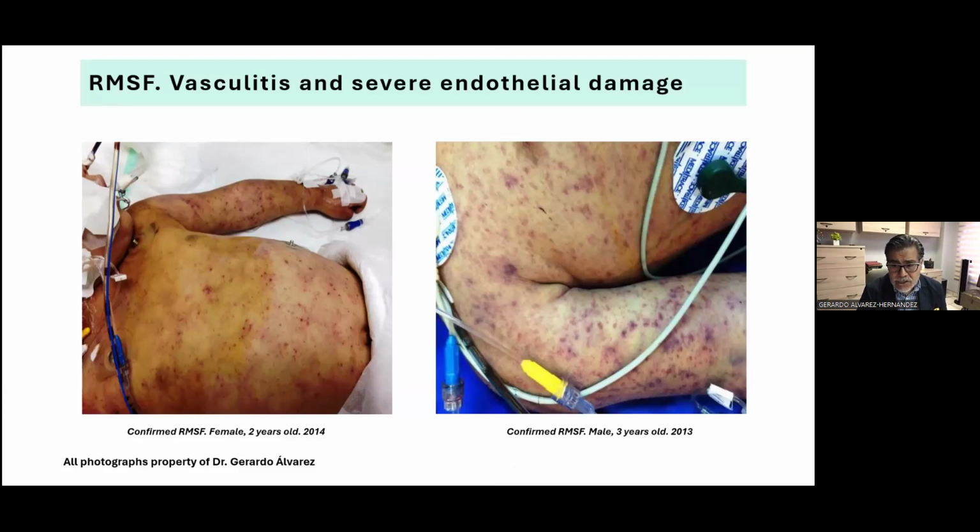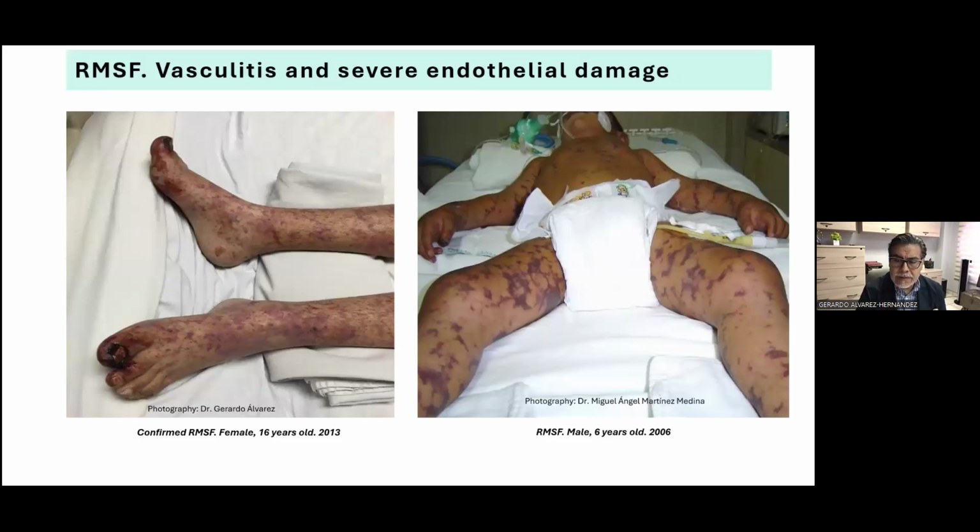That kind of lesion is what gave the disease the name spotted fever, with generalized petechial exanthematic lesions in thorax, abdomen, arms, and so on. So the patients in this phase have quite severe forms of the disease.